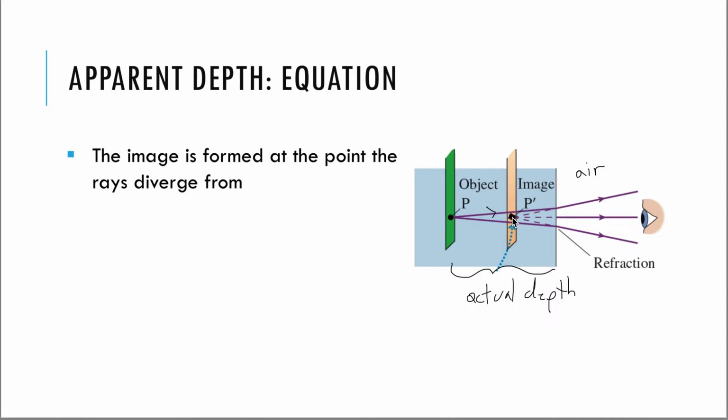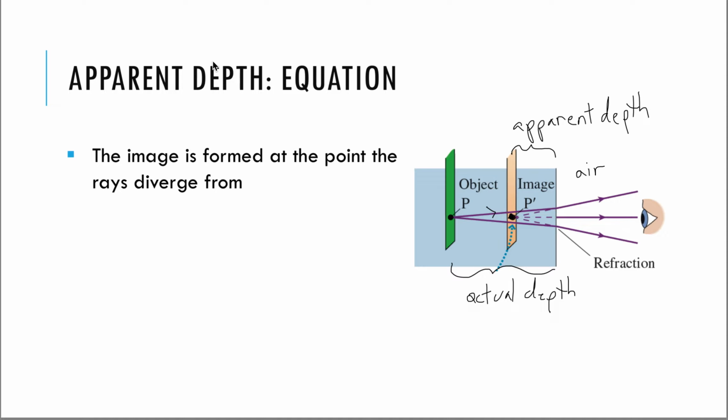So that's where we see the image, where all the rays intersect. We're going to do a lot more on this when we talk about lenses and mirrors. But that's why when you project all of these rays backwards, they all intersect here. So the apparent depth is a lot closer to the surface of the water than where the actual object is.